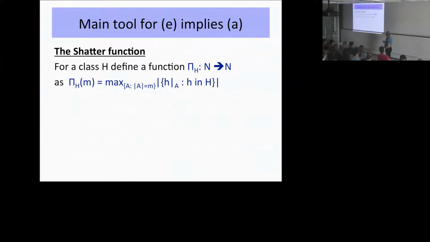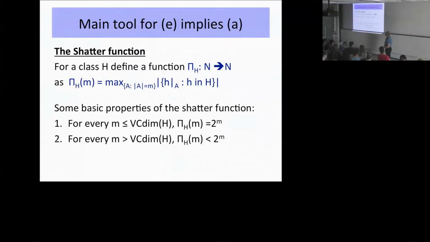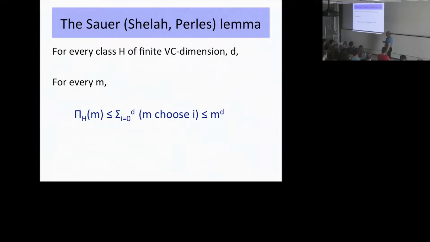So we count them, and that's pi H of M, and we said that it's always 2 to the M up to the VC dimension, but then it is below 2 to the M above the VC dimension. This is trivial. And the Tau lemma told us that above the VC dimension, it suddenly becomes polynomial, polynomial with the VC dimension in the exponent. That will be the main tool, and I will soon explain how this tool gives us the main result.